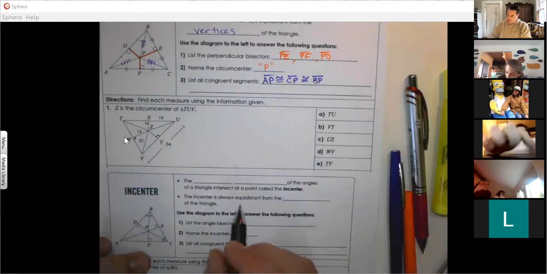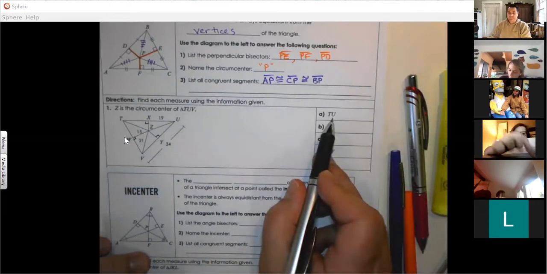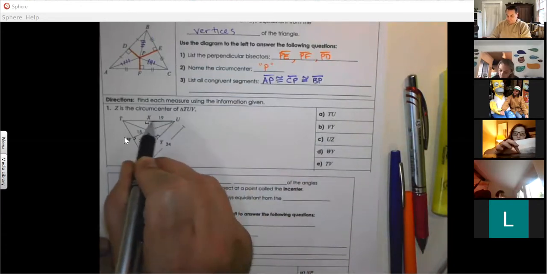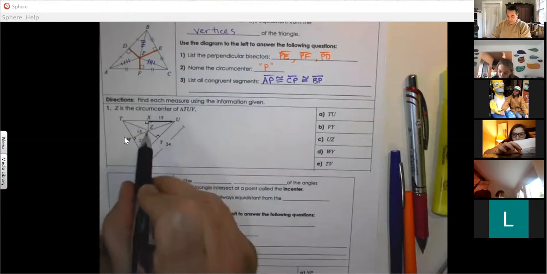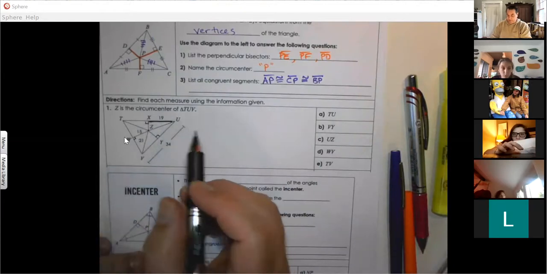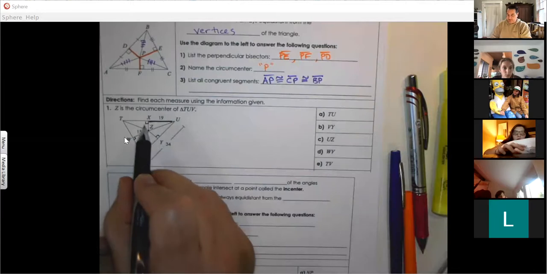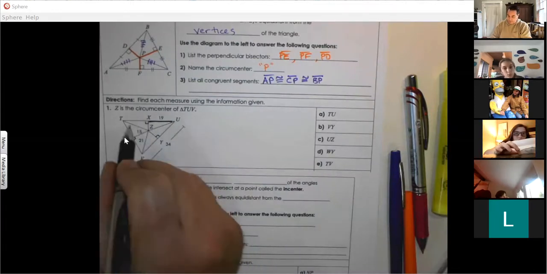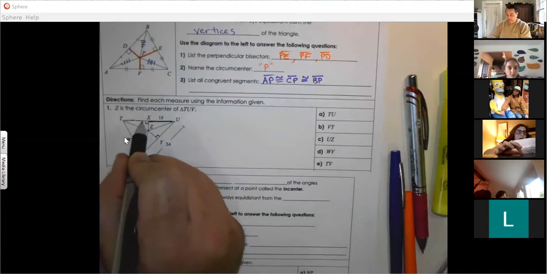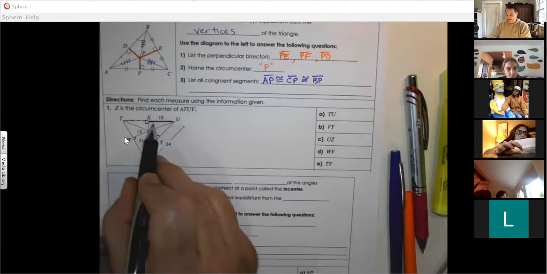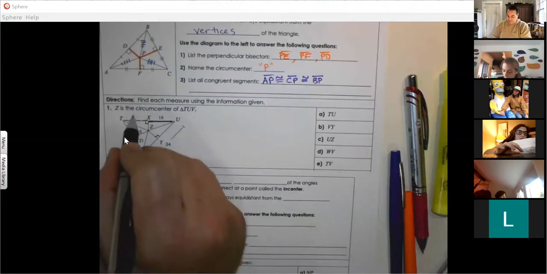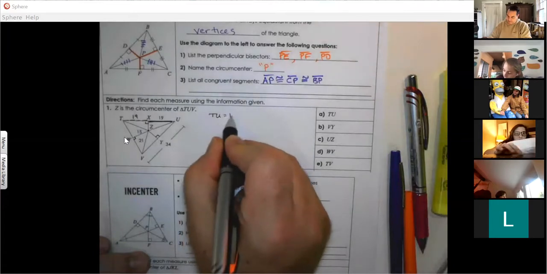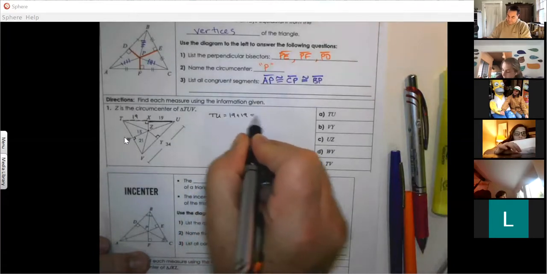But if we're trying to find TU, and we know that this part is 19, and that it is the circumcenter, we know that the only way a circumcenter can be formed is if these perpendicular bisectors meet there. So that means that this piece has to be the result of a bisector. If that's 19, that's 19, which means TU equals 19 plus 19 equals 38.